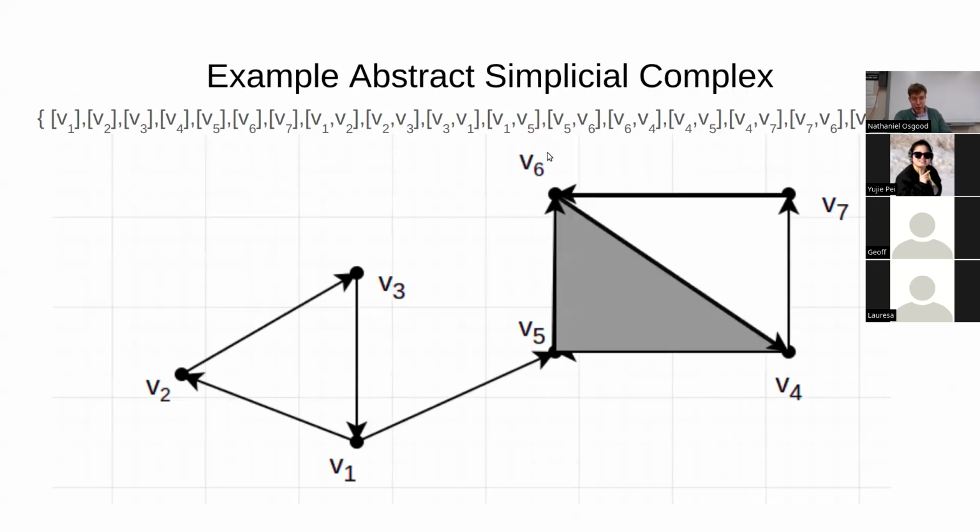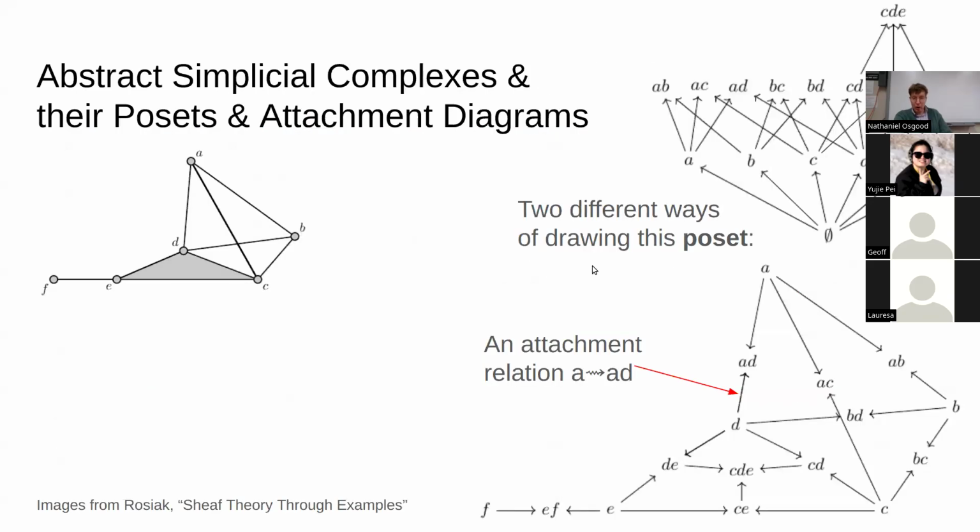So just as we could draw this out in a pre-order, this abstract simplicial complex, we do that here. So, for example, we have 1, 2 simplex, C, D, E, and that's up here. And attached to that is, for example, simplex CD, right?